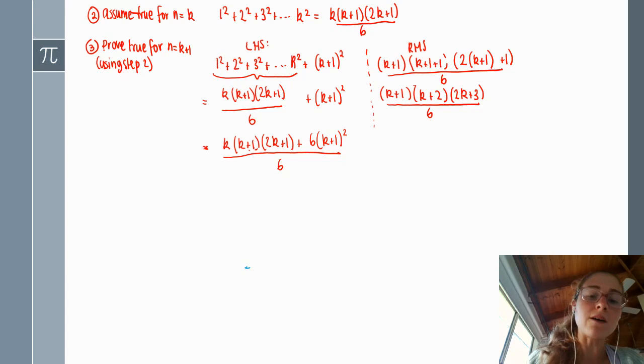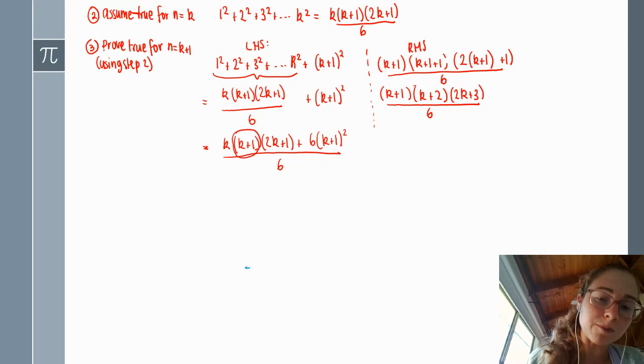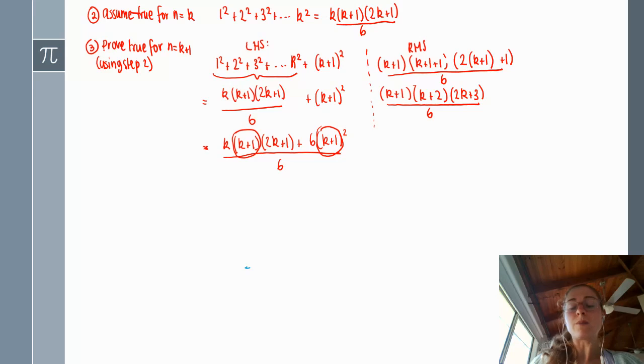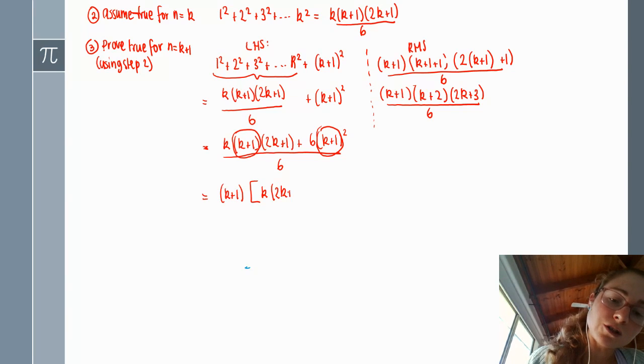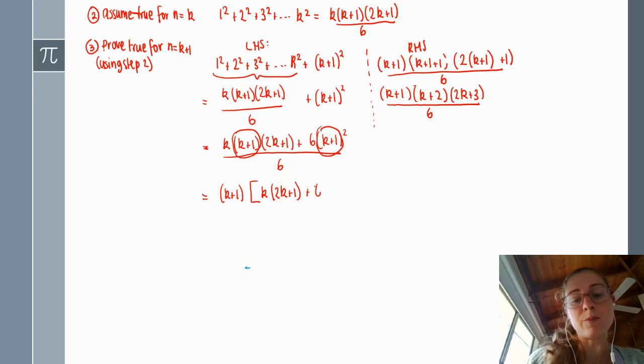Notice how the first term has a k plus 1 squared, and the other also has a k plus 1. Sorry, both have k plus 1. I'm going to take that k plus 1 out the front. So I'd get k plus 1, and in my brackets, I'd have k, 2k plus 1. And then this one was squared, so I'll still have a plus 6 and a k plus 1 here.